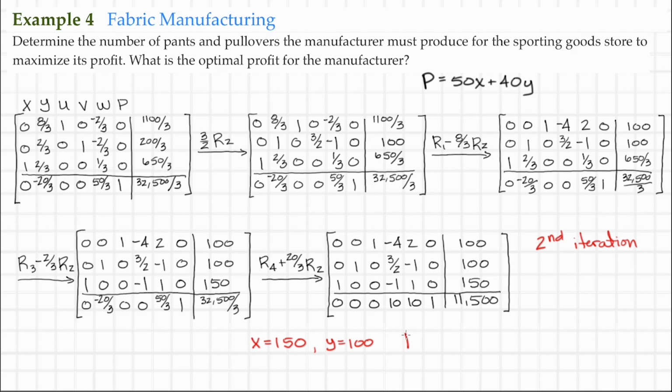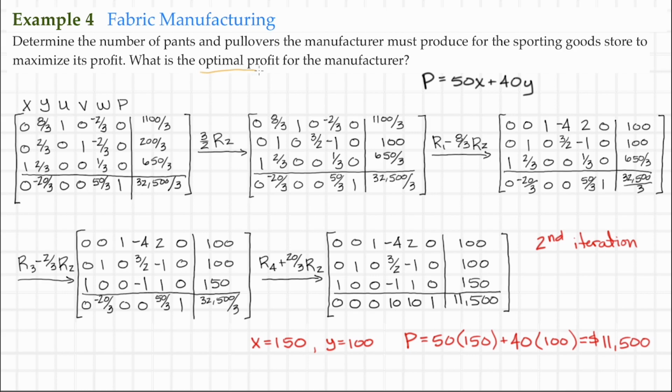So then P is equal to 50 X, and of course X is 150 jogging pants plus 40Y, and Y is our pullovers, and that's 100. 50 times 150 plus 40 times 100. That's 11,500, which of course is what we have right here.